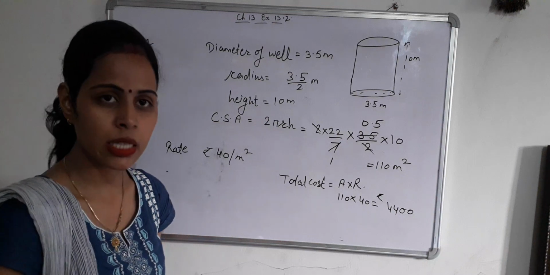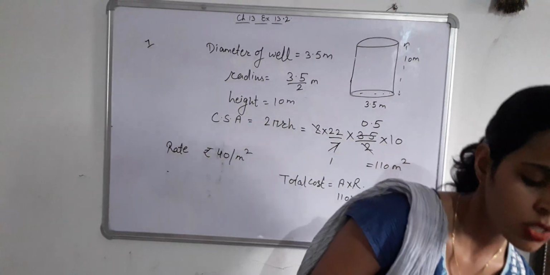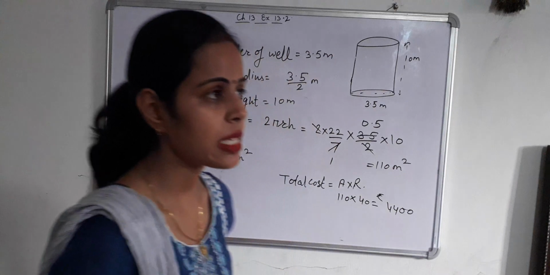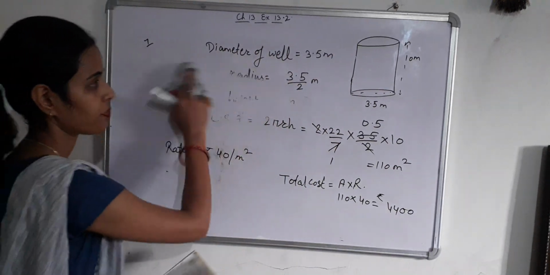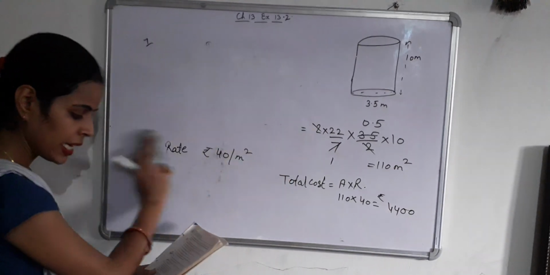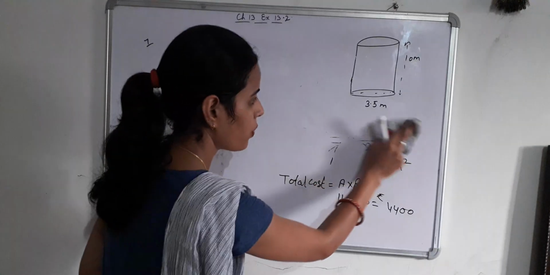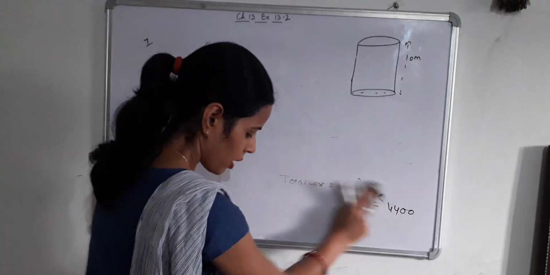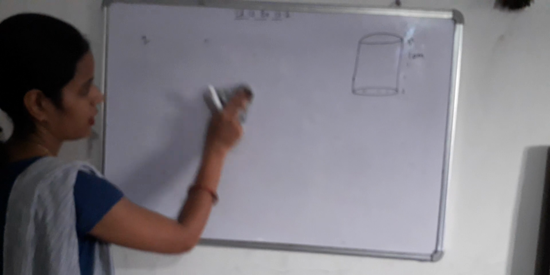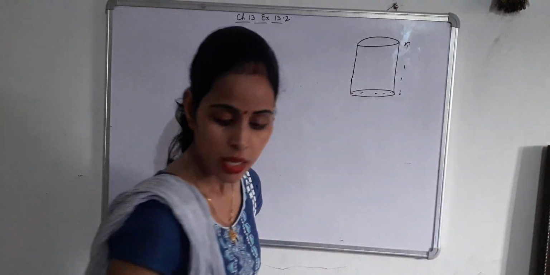Question number 7 is complete and we are going towards question number 8, which says that in a hot water system, a cylindrical pipe having length 28 meter and diameter 5 centimeter. Find the area of the total radiating surface.